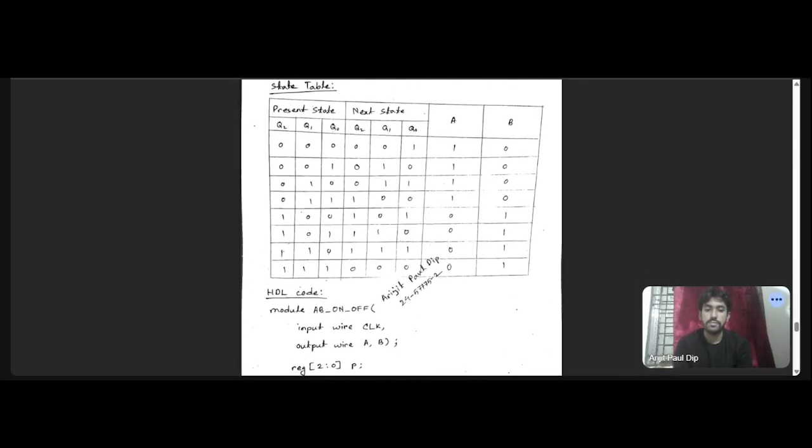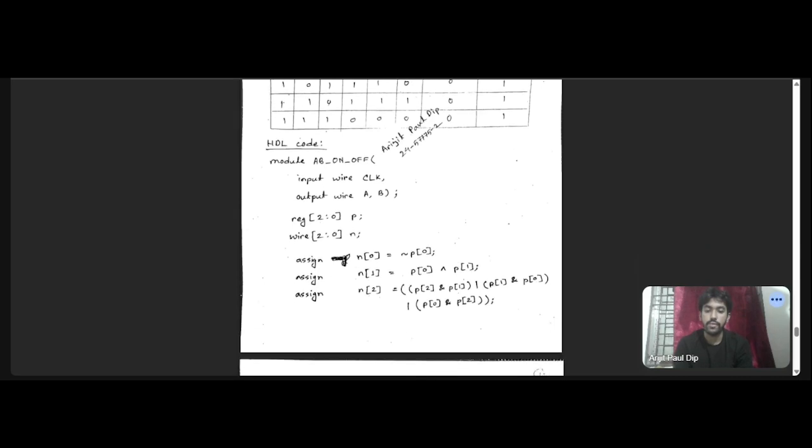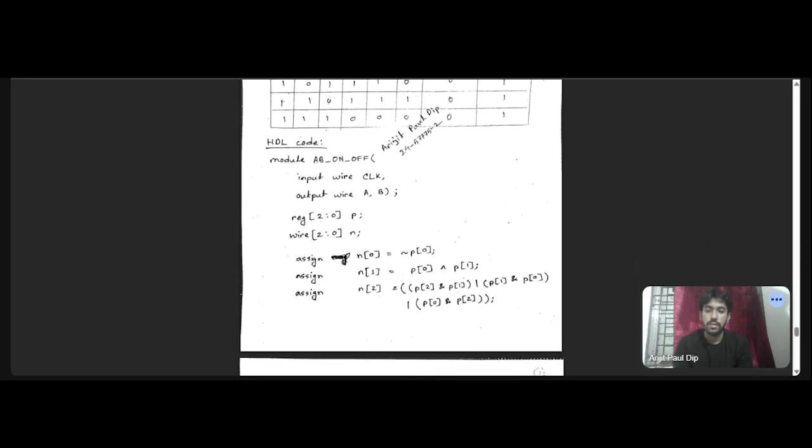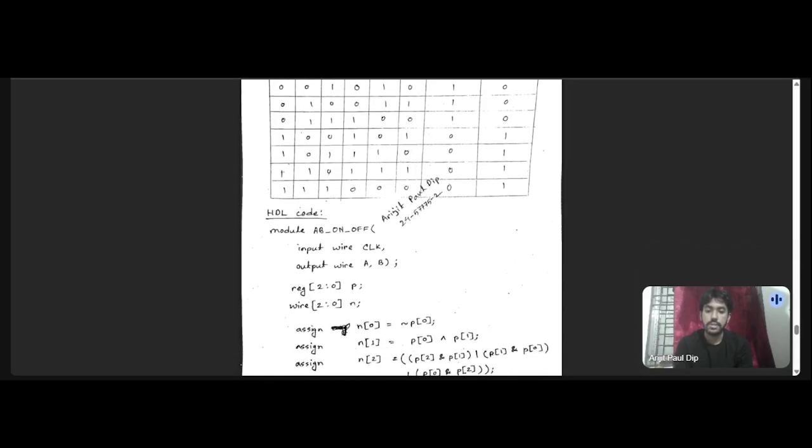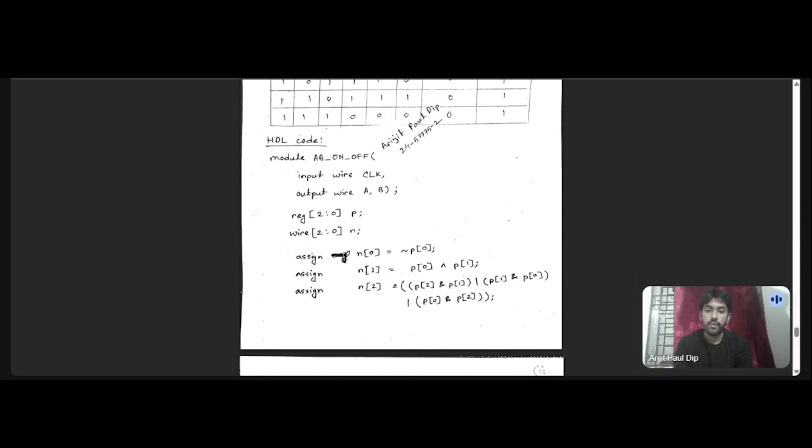So from the state table we created the following HDL code, where the input is the clock, because we are updating the values in each clock pulse. Then we are outputting A and B, because we were told that we just have to consider A and B as outputs.